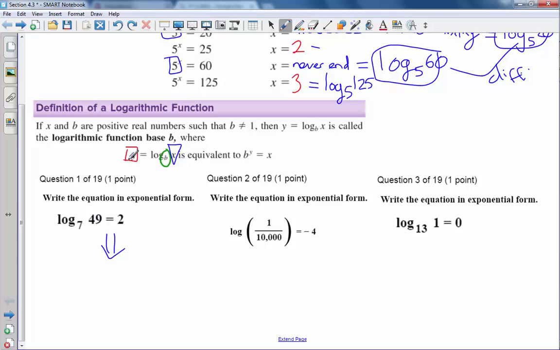Where does the box go? Look, where is y? The box goes to the top of the base. Where did the box go? The term outside of the logarithm, independent from the logarithm, goes to the top. The base of the logarithm goes to the base of the exponential.